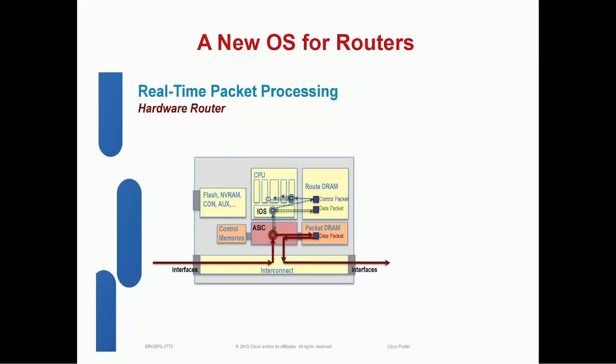But over a period of time, voice came and video came, and because of that, quality of service became a major factor. If you run a general purpose operating system and try to get quality of service, you are in for trouble. So, they had to have a specific operating system to take care of quality of service.